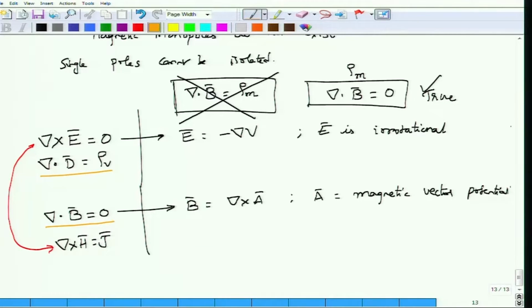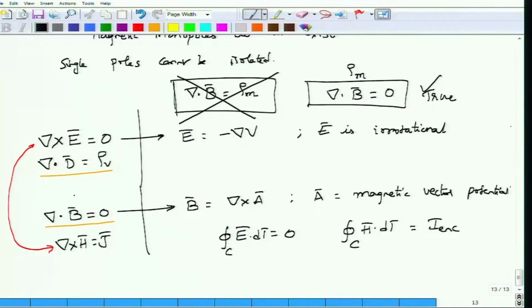So, what are the corresponding integral forms of these equations? Well, for del cross E is equal to 0, the integral of E dot dl equals 0, and the integral of H dot dl over the closed curve or closed loop is equal to the total current enclosed.